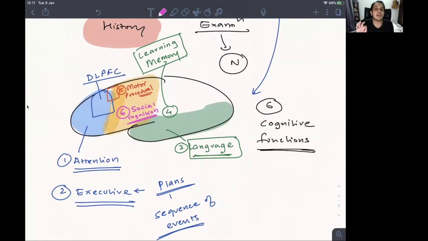Now, what does social cognition mean? Social cognition means the context of the environment, the context of the world. Now, you want to make chai, that is fine. But is it socially appropriate to make chai? So, what if you are not at your house? What if you are visiting somebody else's house and you just barge into the kitchen and start making chai?